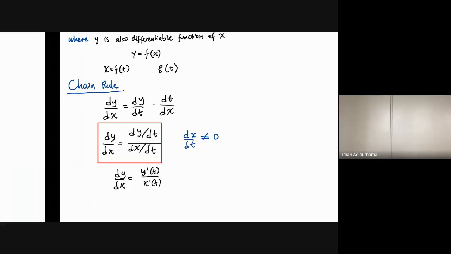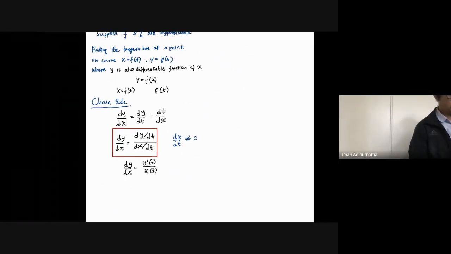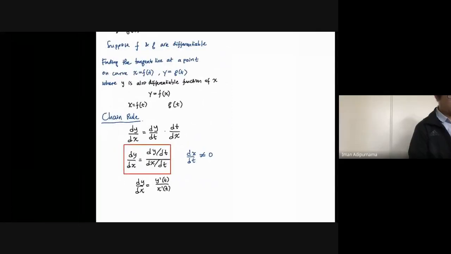Basically, it is the first derivative of y with respect to t divided by the derivative of x with respect to t.